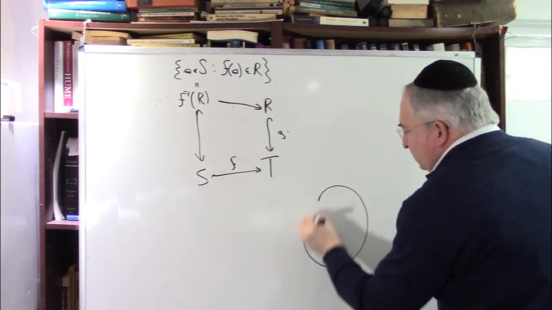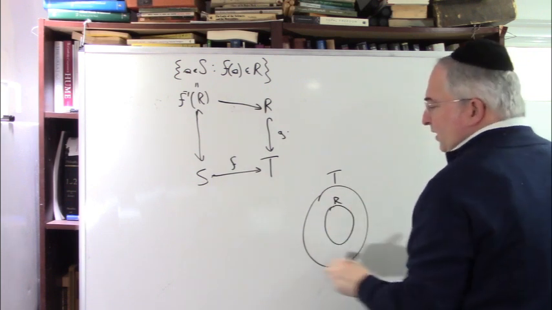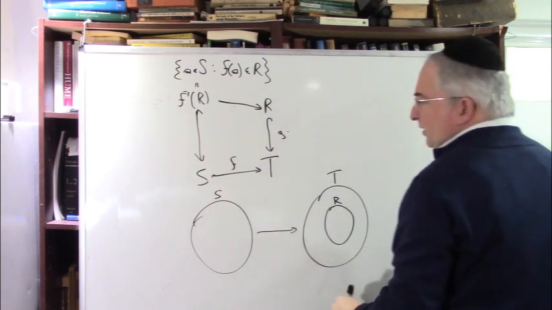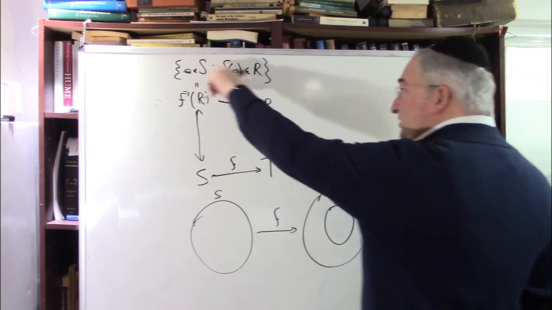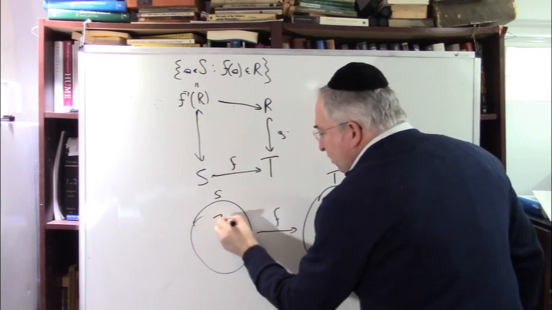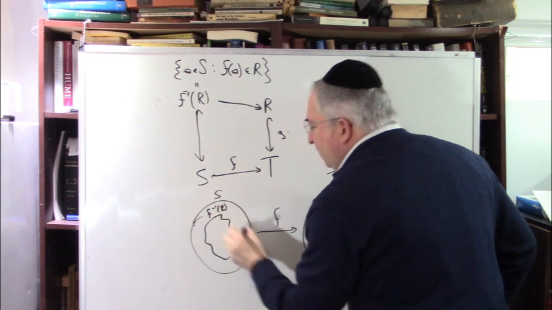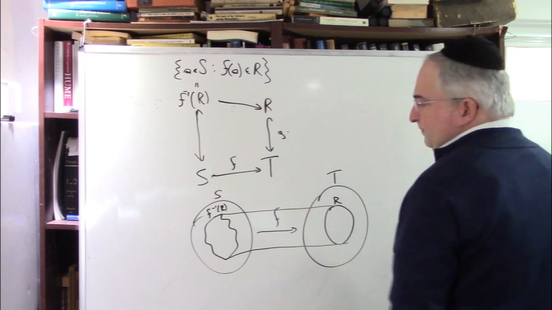Namely, you have T, you have a subset R. You have S, you have a map from here to here, called F. And what's this guy? This is F minus 1 of R. This is those things that land in here.